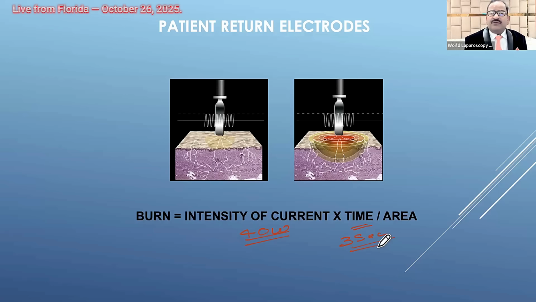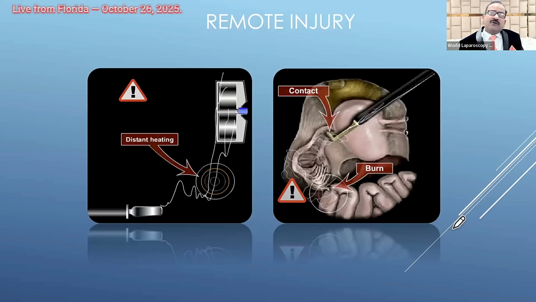So in one go, time should not be more than 3 seconds. And area, in one go, should not be more than 6 millimeters, because if you hold a big area, you will have remote injury. So it is important that area also should not be more than 6 millimeters, especially in monopolar, because monopolar creates a lot of remote injury.